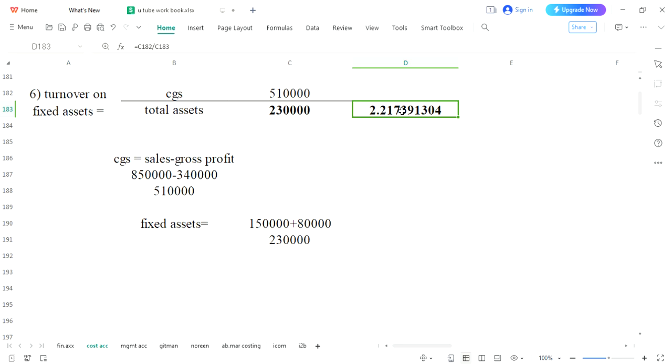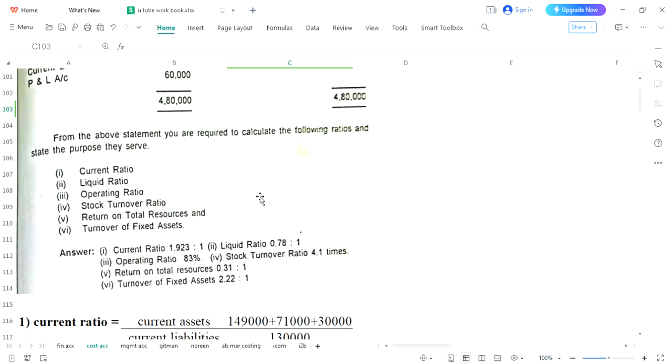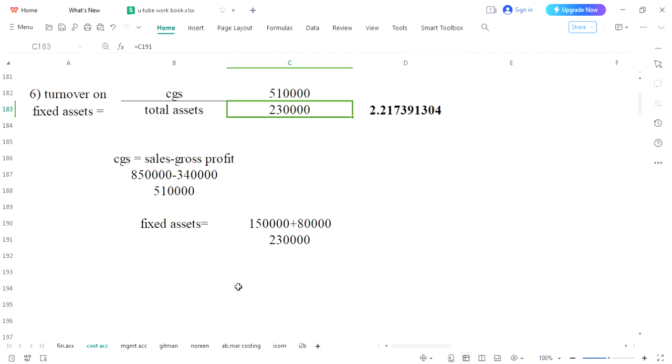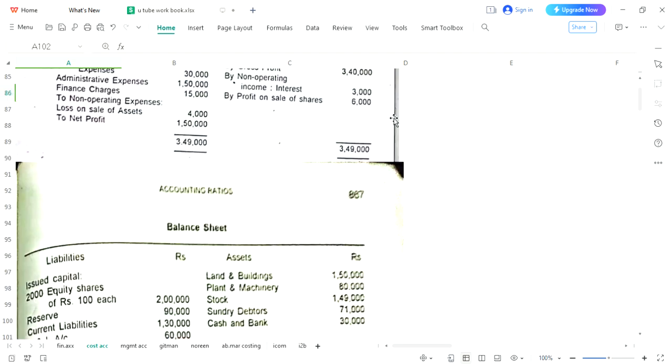So guys, in this way we have 2.217. When you round it off, it will be 2.2. So in this way our question has been completed.